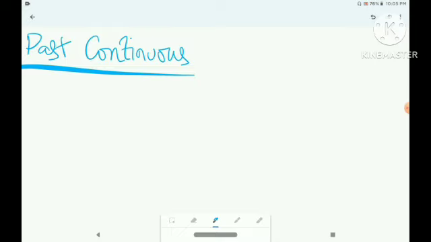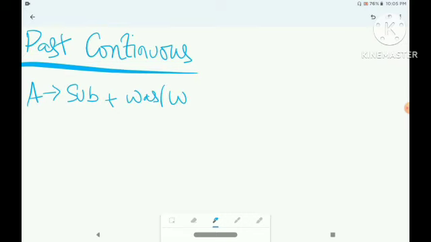Let us know the structure. When it is in active voice: subject plus was or were, is, am, are changes to was, were, plus main verb plus ing plus object.